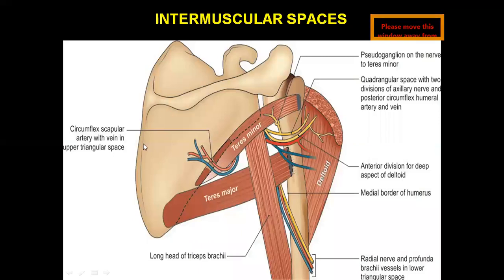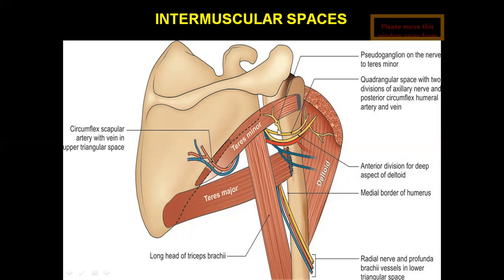Once you know the various muscles we have in the scapular region, now we will try to understand the intermuscular spaces. Now see, the deltoid has been cut and reflected. This is the long head of triceps. We have teres minor going to the greater tubercle, and teres major going to the medial lip of the intertubercular sulcus, arising from the lower one third of the lateral border of the scapula and also the inferior angle of the scapula.